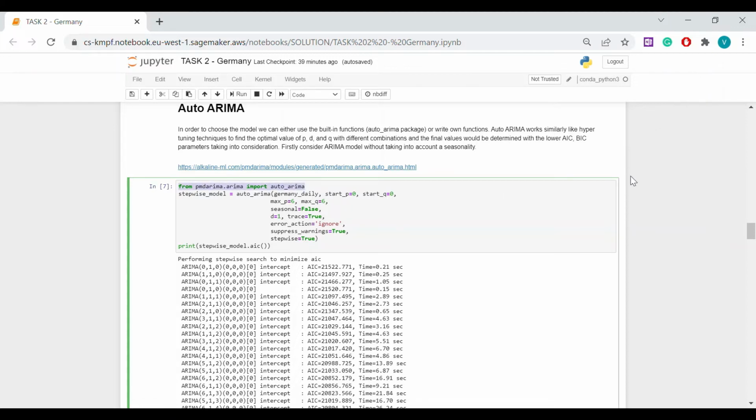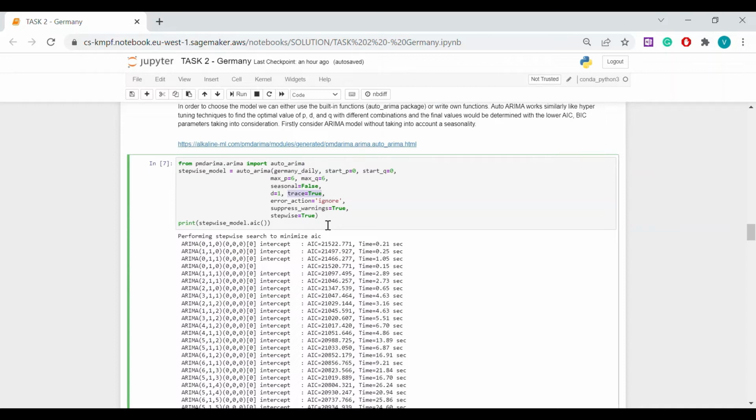Firstly, consider the ARIMA model without taking into account seasonality. We are calling the auto ARIMA function specifying the following parameters. We indicate our time series.